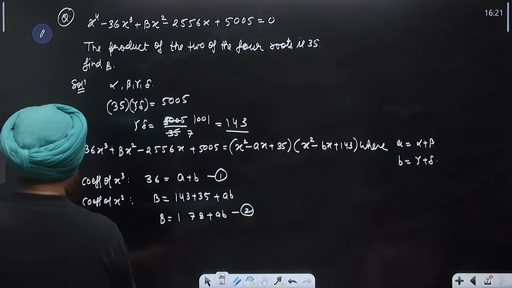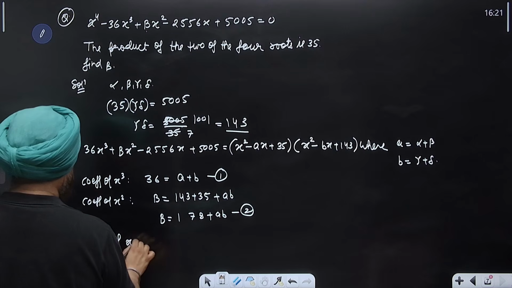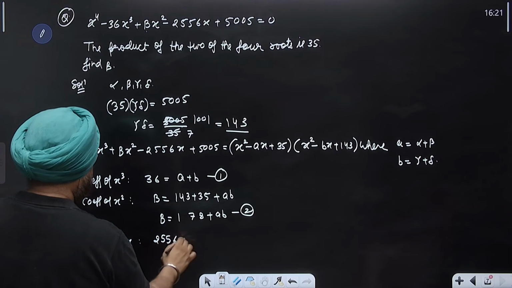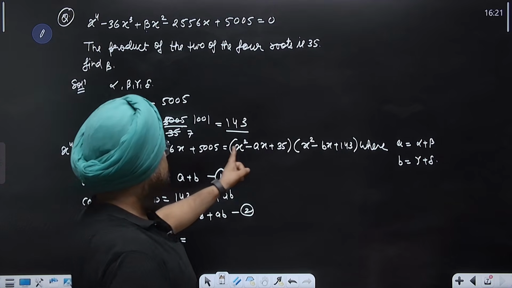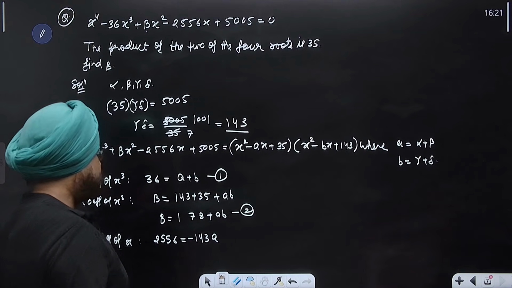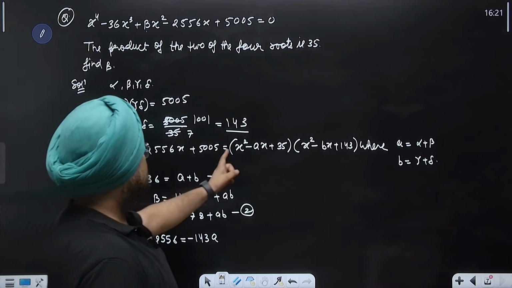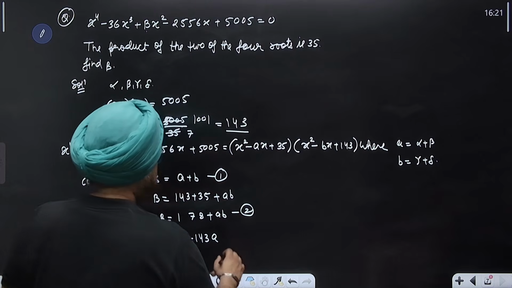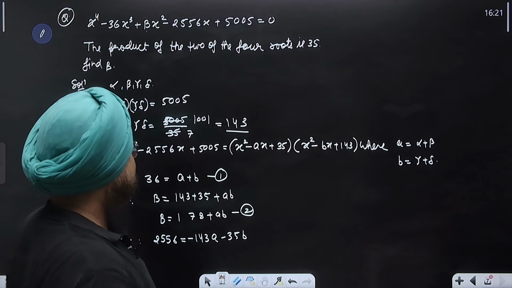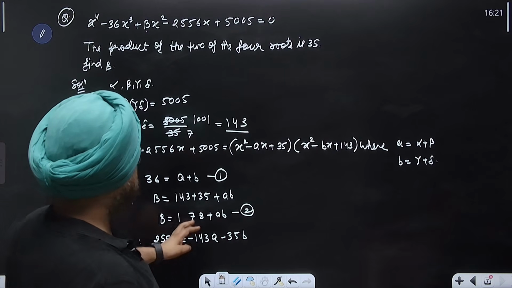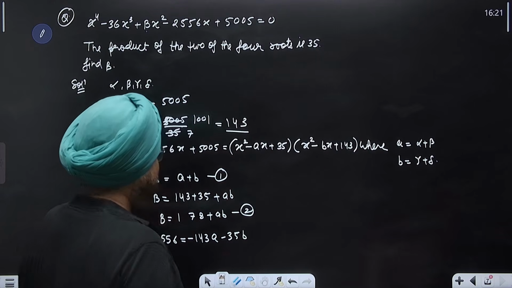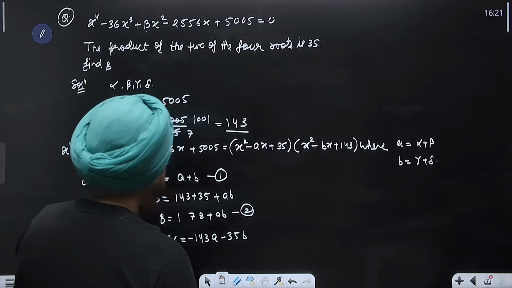Now the coefficient of x will be minus 143a minus 35b, equal to 2556, minus of 2556. That's it.